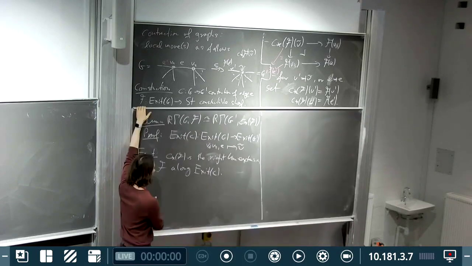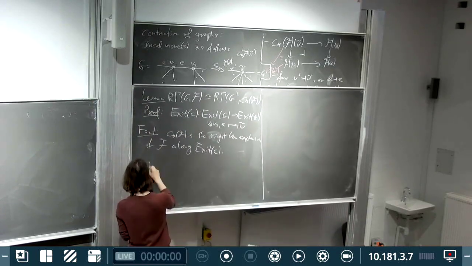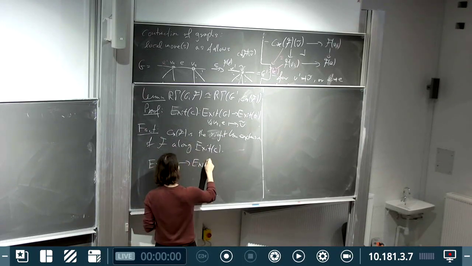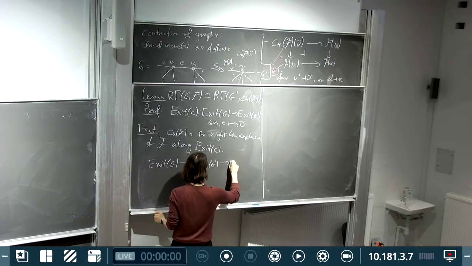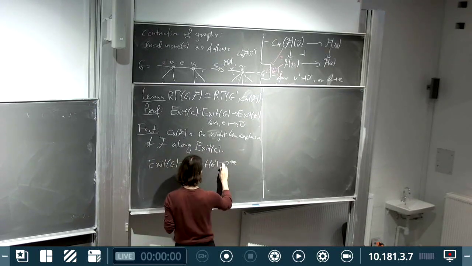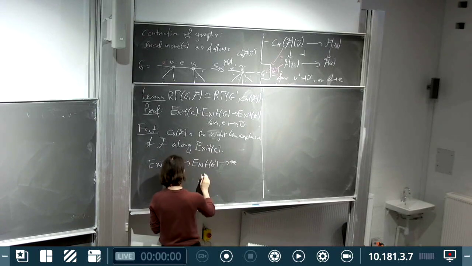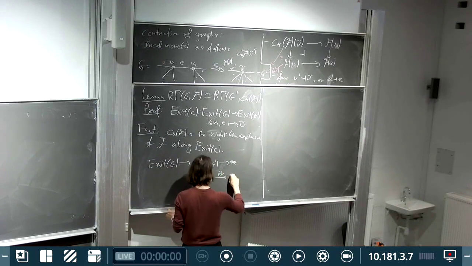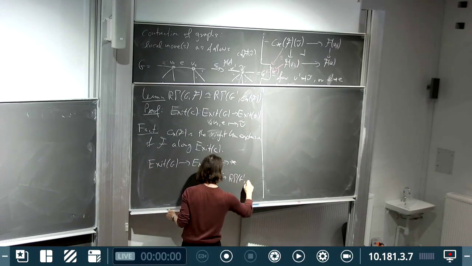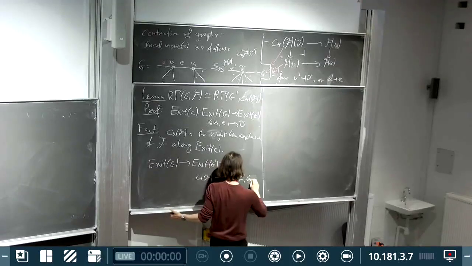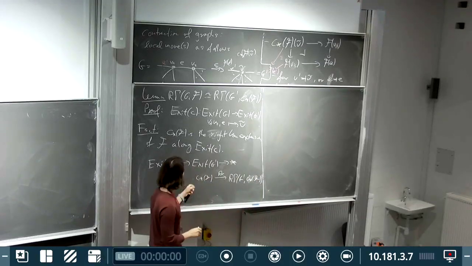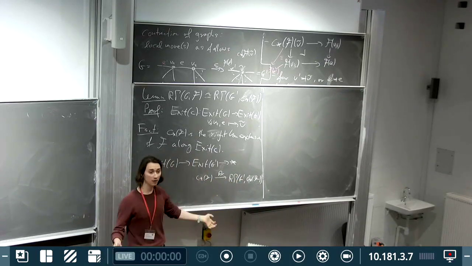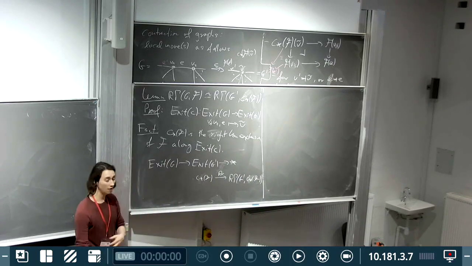And then, what is global sections? So if you look at exit of G prime to the point, if you take right hand extension along this one, so if you have C star of F, right hand extension maps it to its global sections. This is always true if you take a right hand extension of a functor to the point, you're simply computing the limit of the functor.